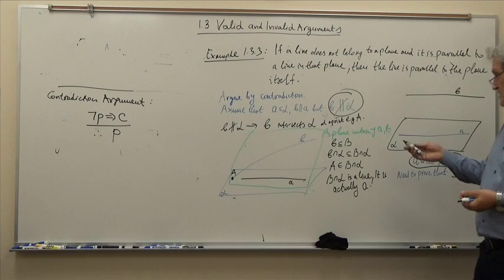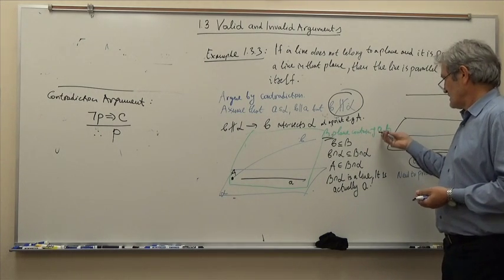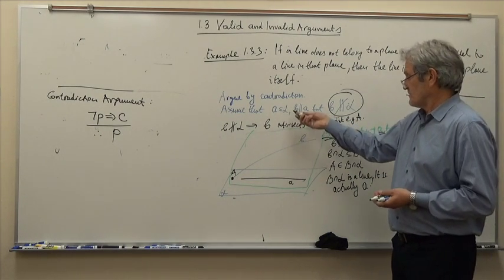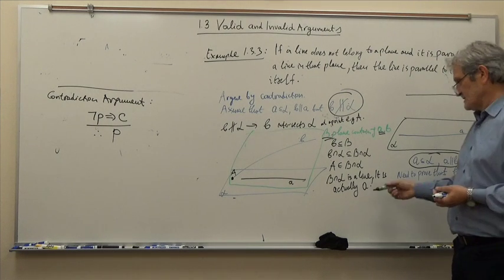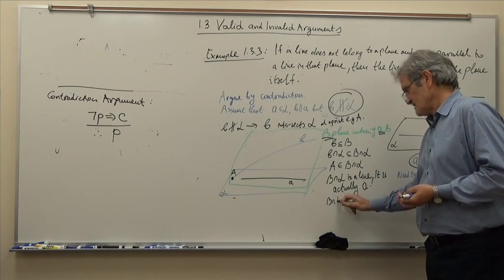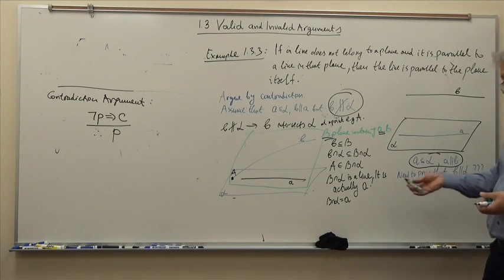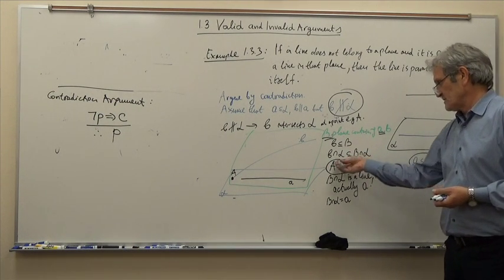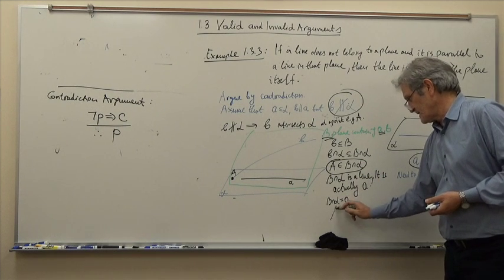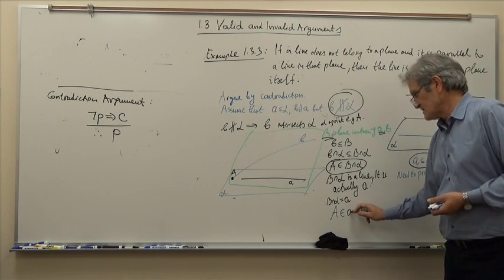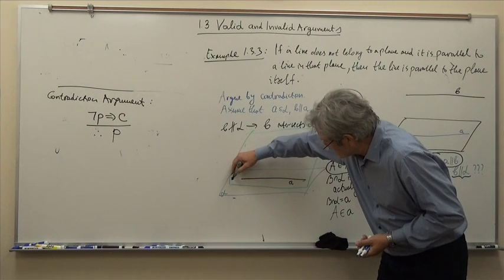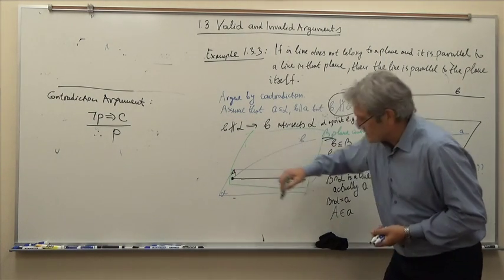Because A belongs to beta and A belongs to alpha. So basically beta intersection alpha is A. So generally, since capital A belongs to beta intersection alpha, capital A belongs to A.